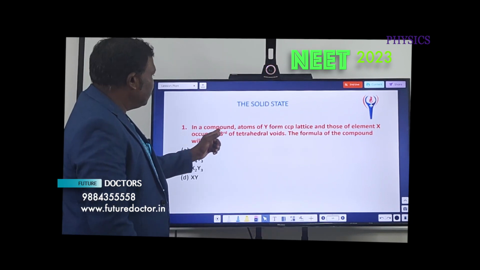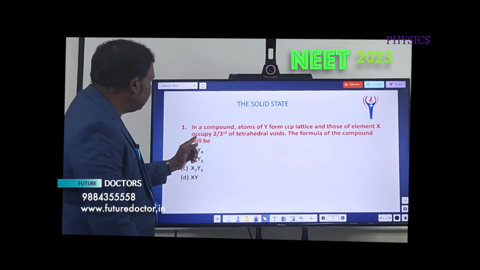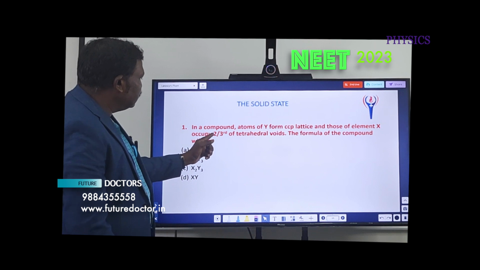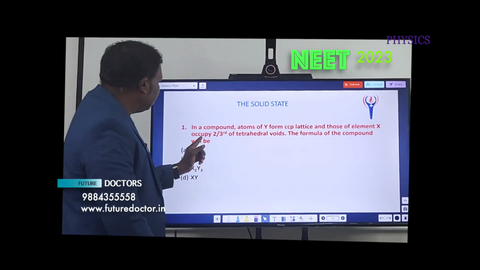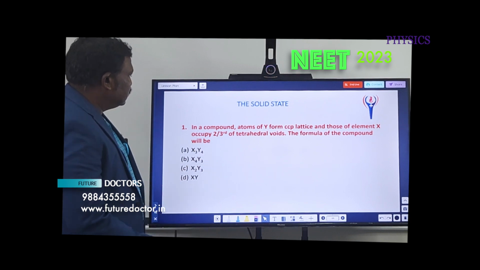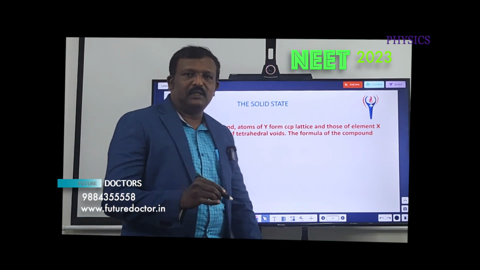In a compound, atoms of Y form a CCP lattice and those of element X occupy 2/3 of tetrahedral voids. The formula of the compound will be? Here you know that we have a formula for octahedral voids and tetrahedral voids.